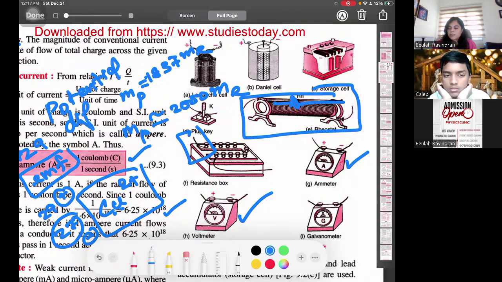You can write this point in your notebook. The work done in moving a unit positive charge from one place to another place is known as potential difference.